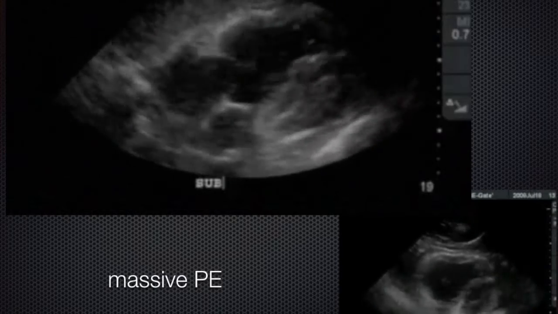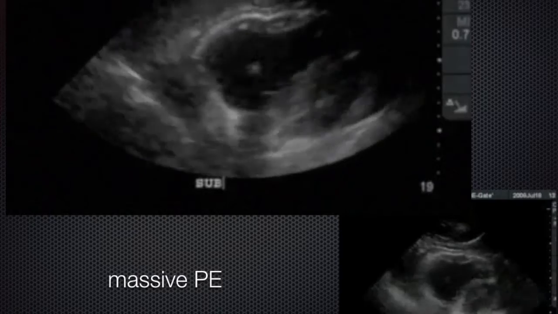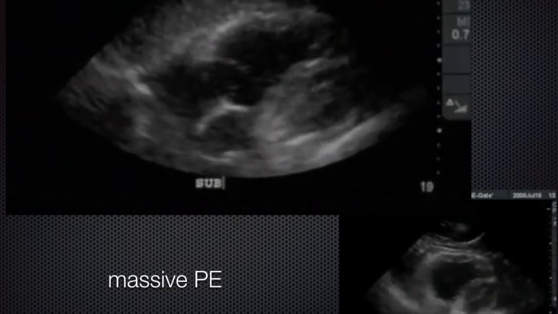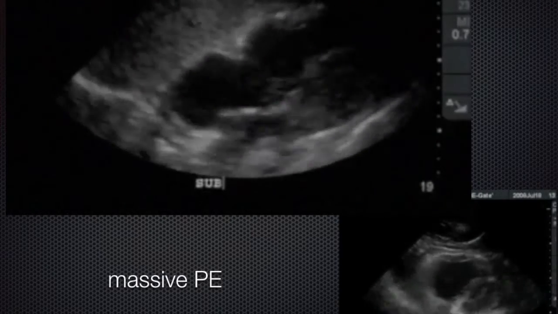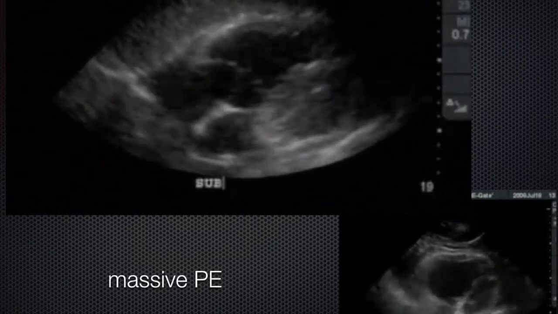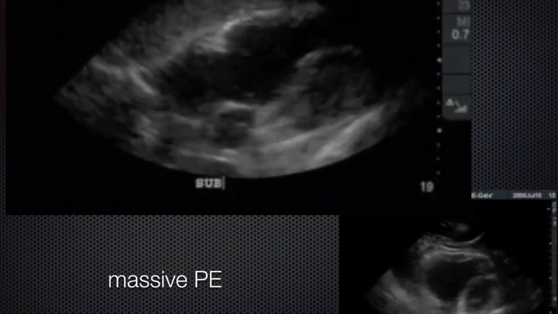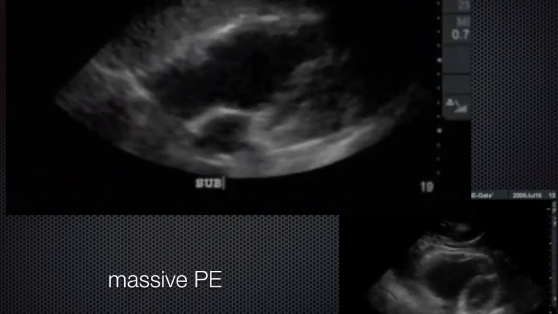In fact, the left side has been collapsed down because there's no blood coming back into the left ventricle, and the left ventricle walls are almost touching each other. You can see that. So this is somebody who had a massive pulmonary embolism who came in with a sudden collapse and cardiac arrest.